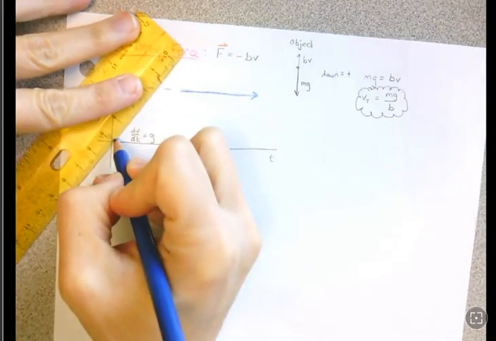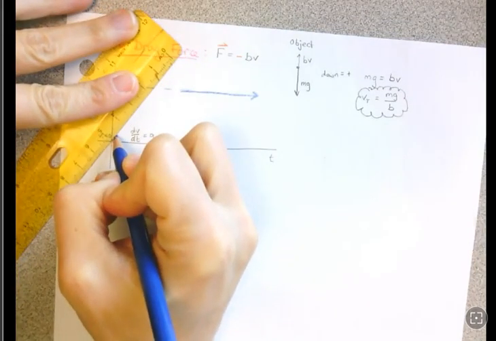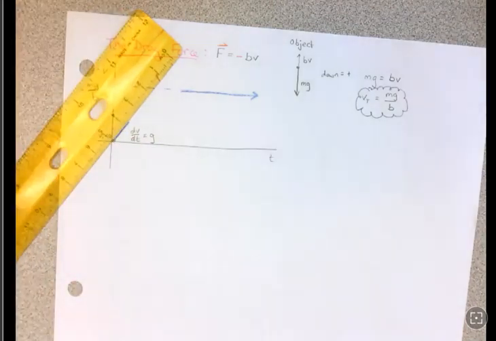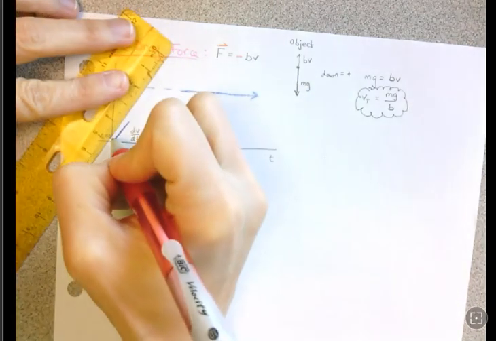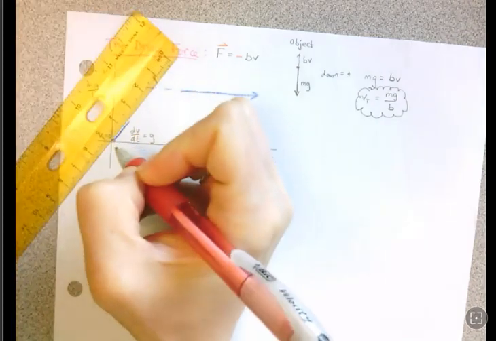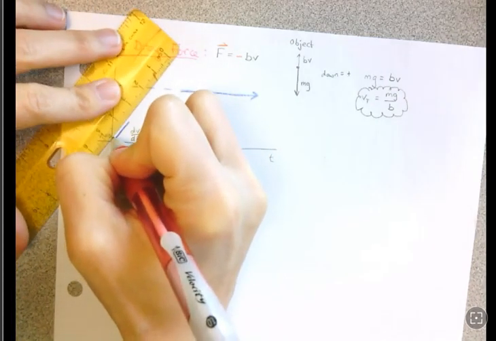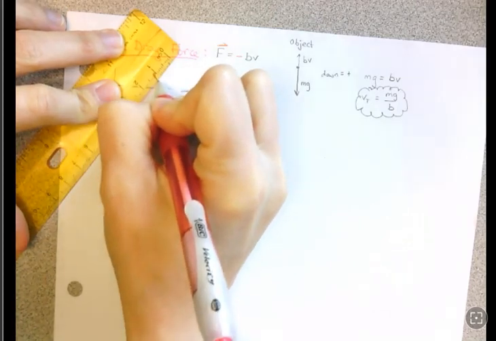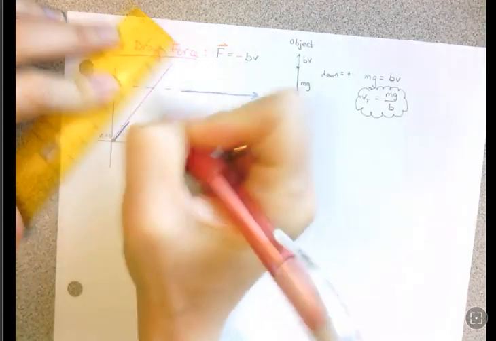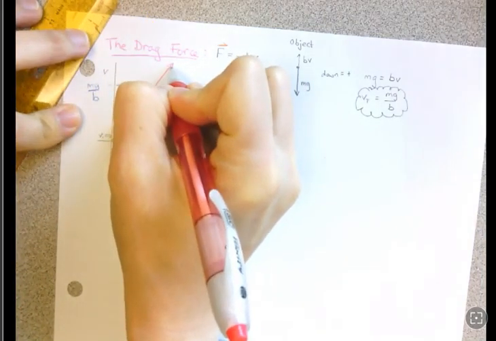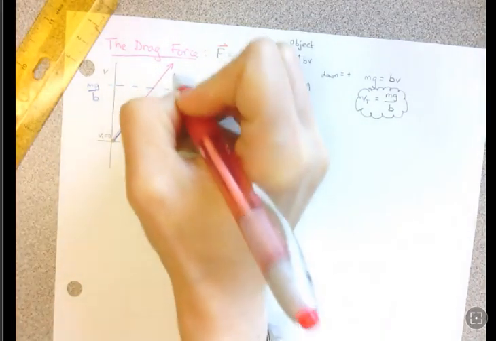At this stage of the motion, there is no difference between the motion with air drag that we're graphing and simple free fall. Free fall will continue picking up speed at 9.81 meters per second squared until you hit the ground.